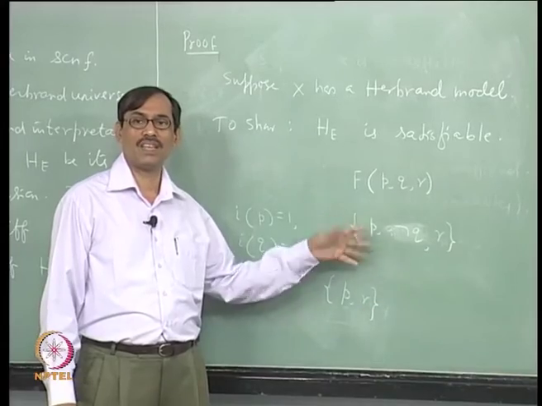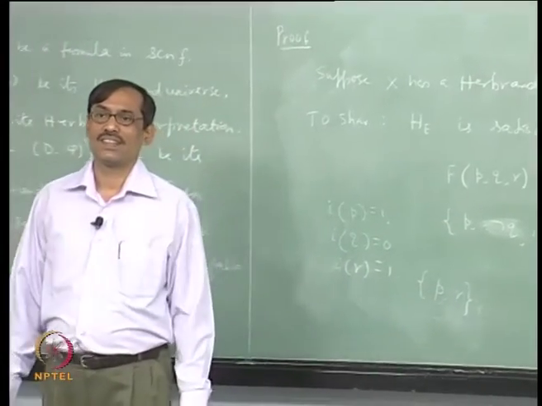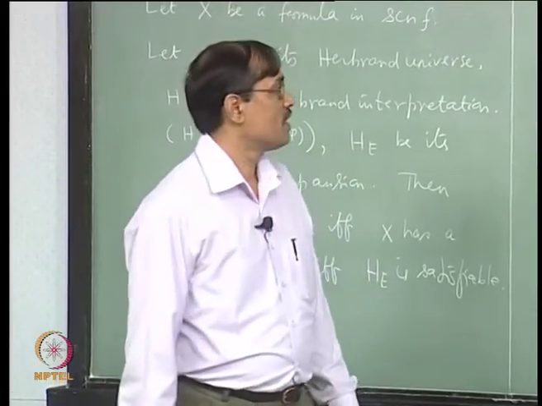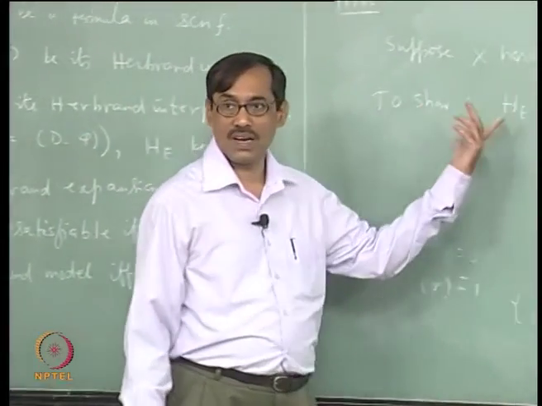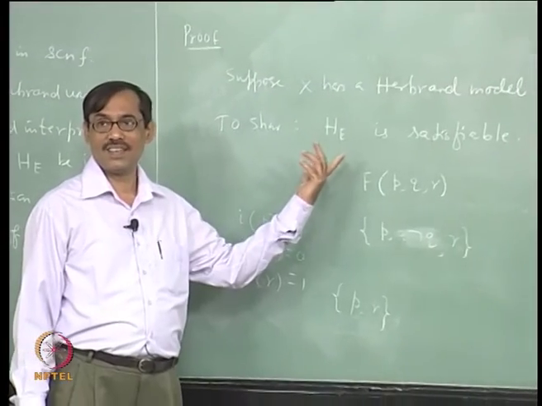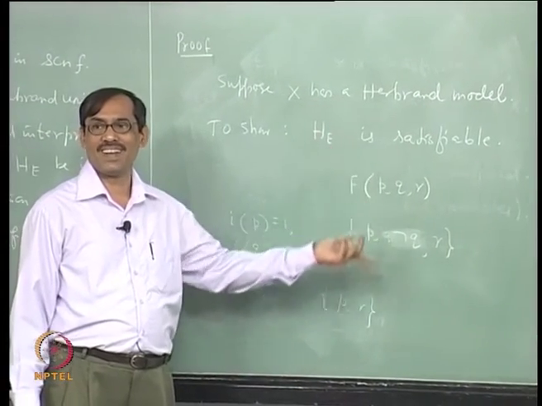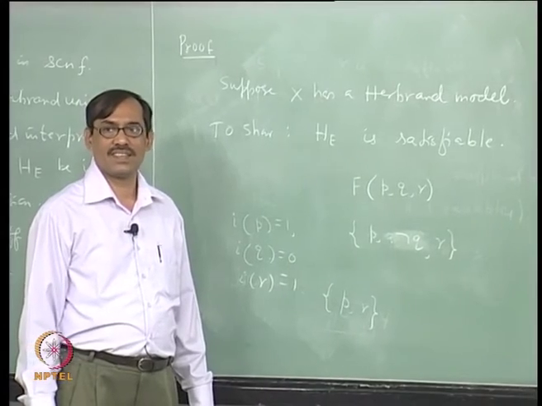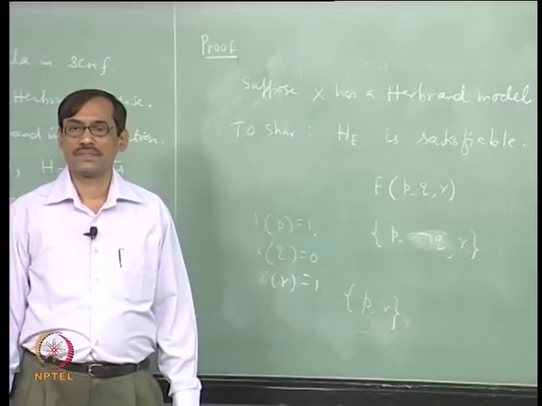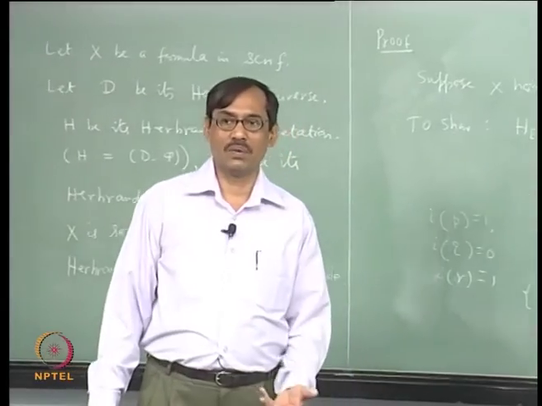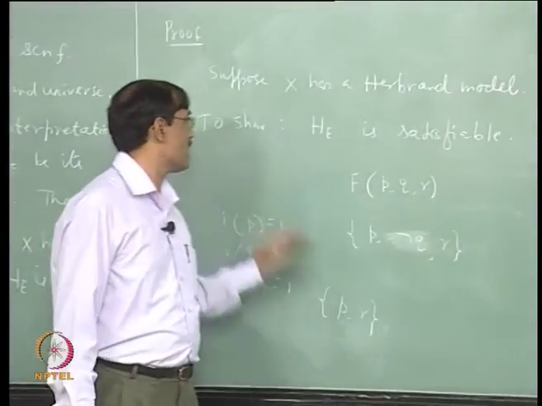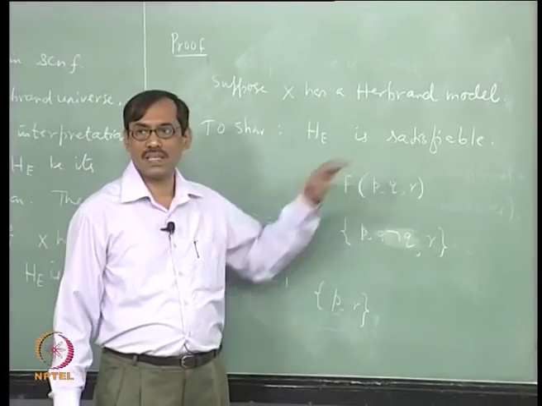Is it clear why it is happening? Okay. So is there anything to prove there? It is just another way of writing the Herbrand model, that is what it says. But you have to give the argument, the argument will go like this. Suppose X has a Herbrand model, now you want to show HE is satisfiable.